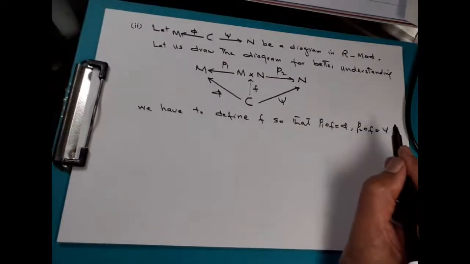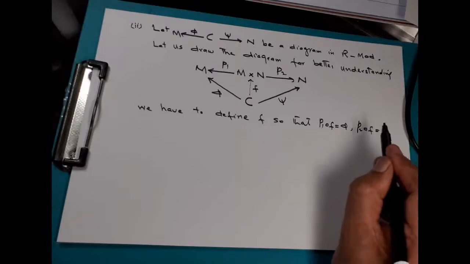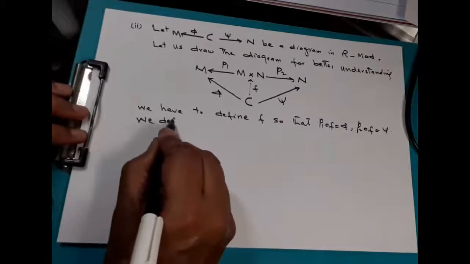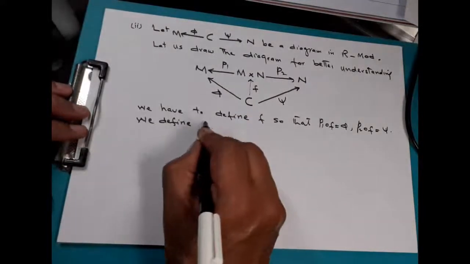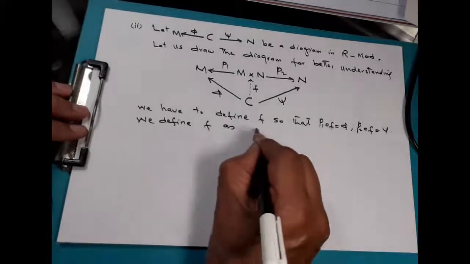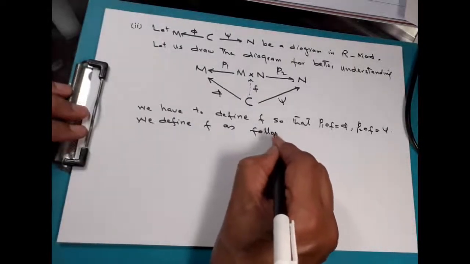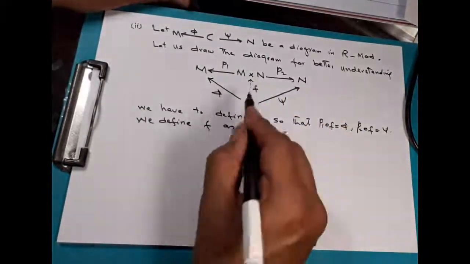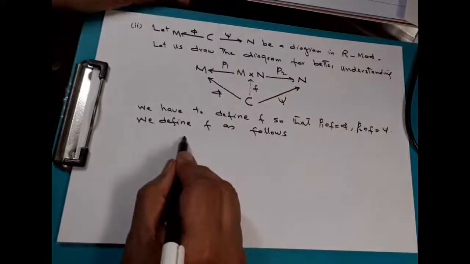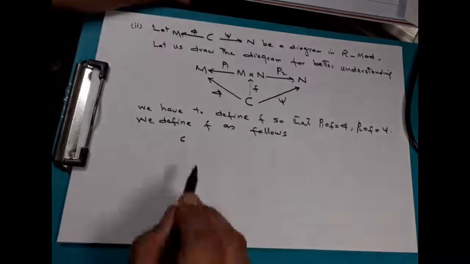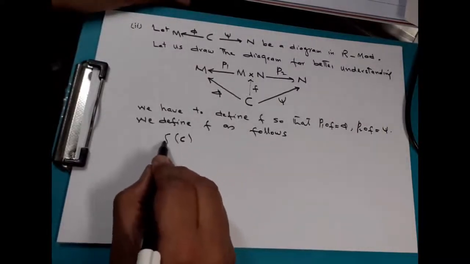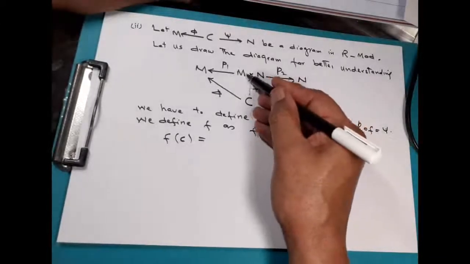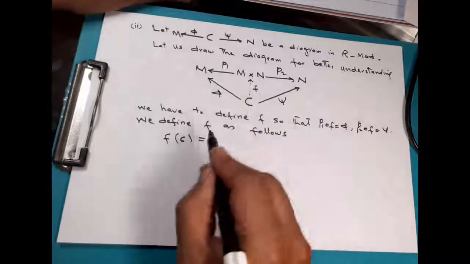So let's see what this definition is going to be. We define F as follows. The domain of F is C. So we take an element of C, let's write it as small c, and the result of F upon c should be an element of M cross N, that will be an ordered pair.